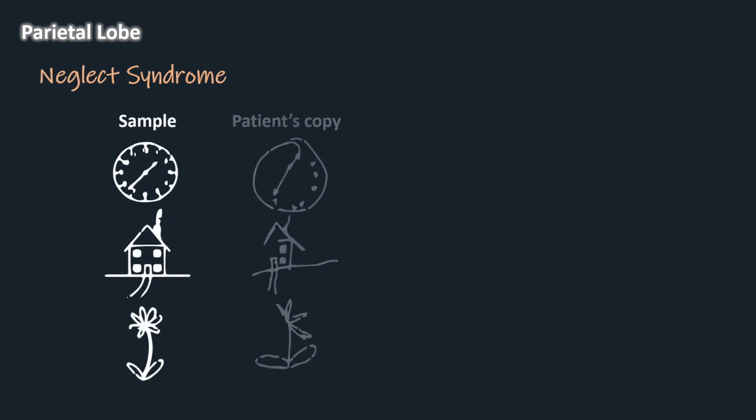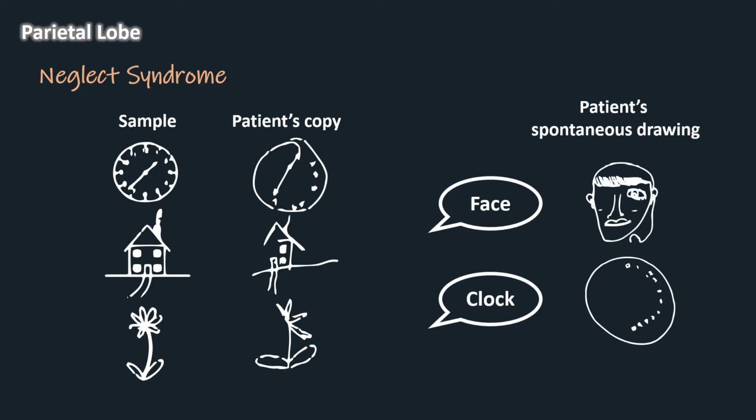This neglect of the contralateral visual hemifield extends to the neglect of the contralateral half of individual objects. Patients with right parietal defects often have difficulty reproducing drawings. When asked to draw a clock, for example, they may put all of the numbers on the right side of the face.